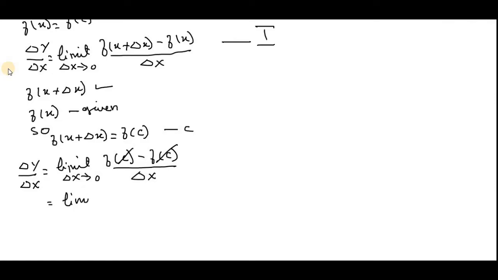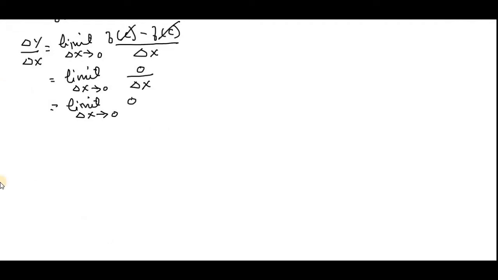This f of c and this f of c are cancelled, which will naturally be 0. Limit delta x approaches 0, 0 over delta x. Now anything which is 0 over something is 0, limit delta x approaches 0 and 0.